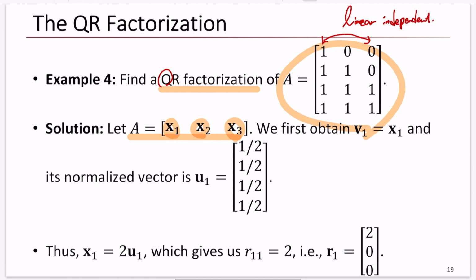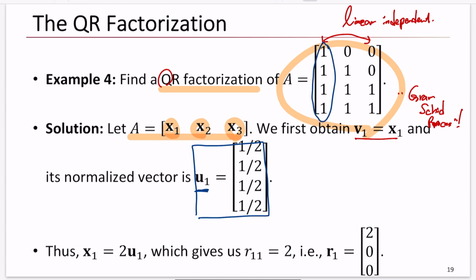So, first of all, let's use the Gram-Schmidt process. First of all, v1 is equal to x1. And to consider the normalized vector, let's say u1. It's going to be 1 over 2, 1 over 2, 1 over 2, 1 over 2. Just normalize this vector.